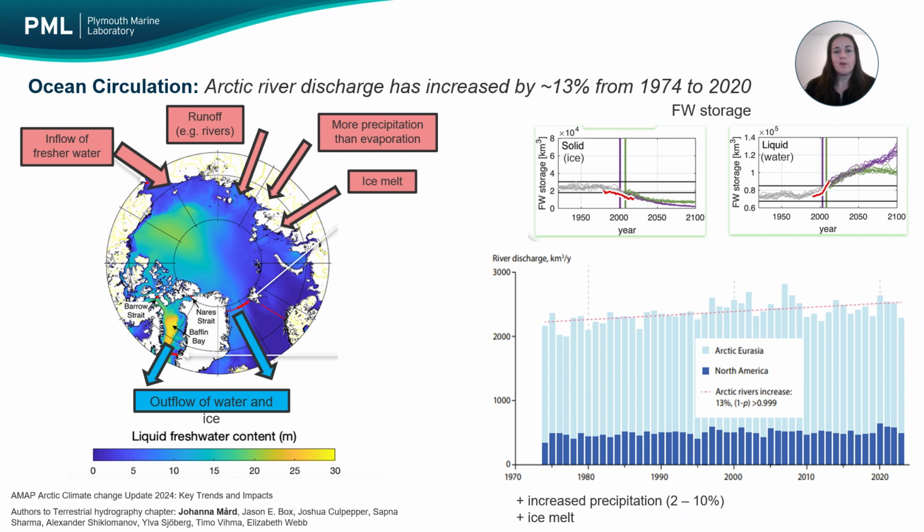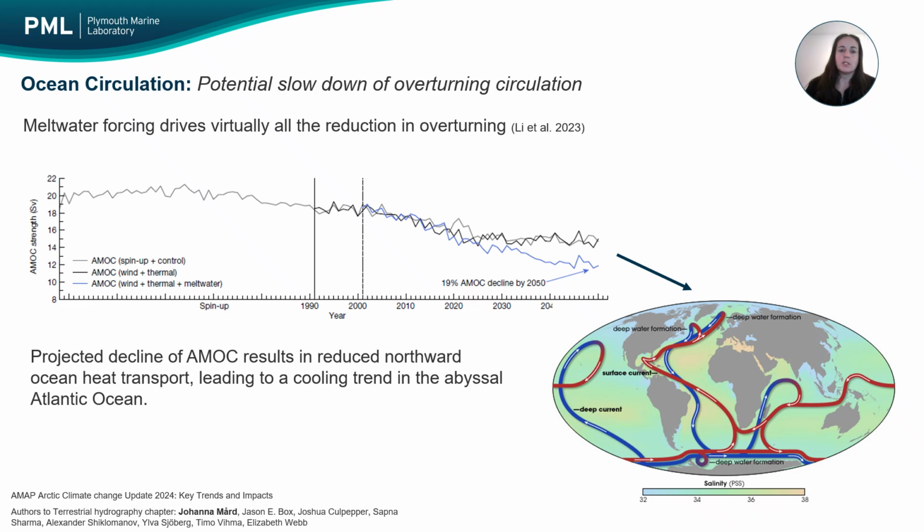So the combination of increasing river discharge, increased precipitation, which has seen about a 2 to 10% increase over that time period, and increasing ice melt is all contributing to the potential slowdown of overturning circulation. This is really fundamental for how the ocean circulates around our planet, particularly the Atlantic meridional overturning, and the meltwater forcing drives virtually all the reduction in overturning in projections to the year 2050.